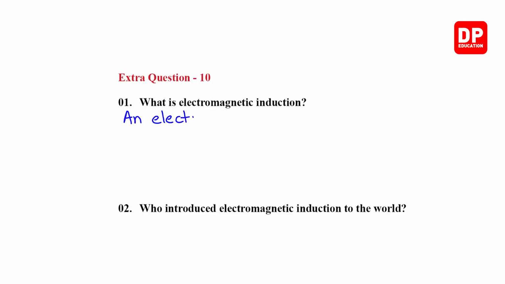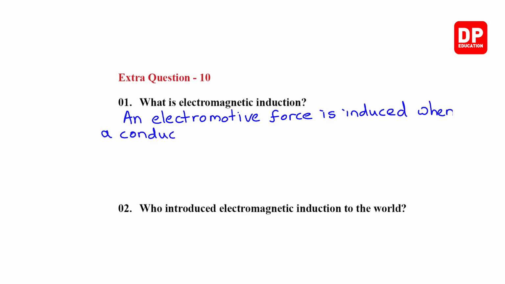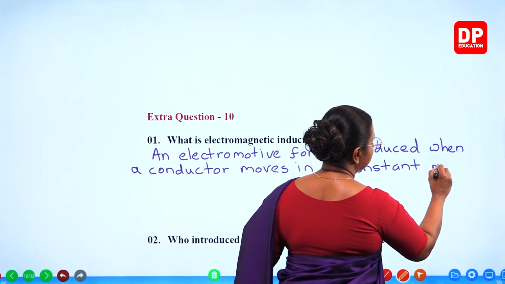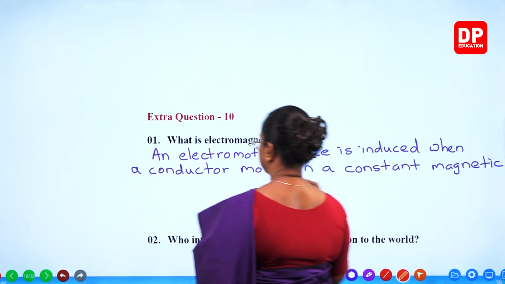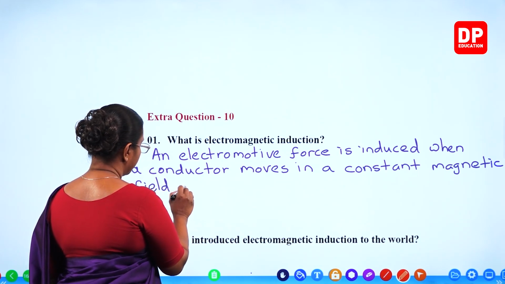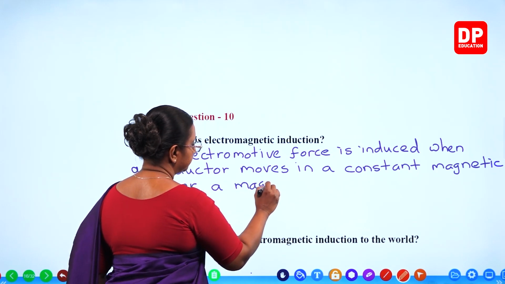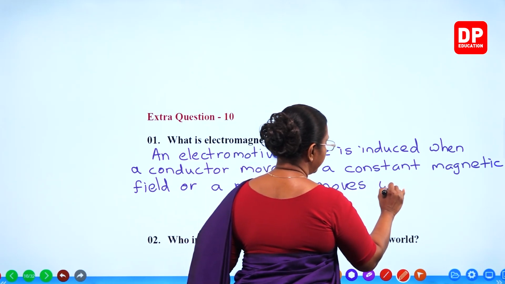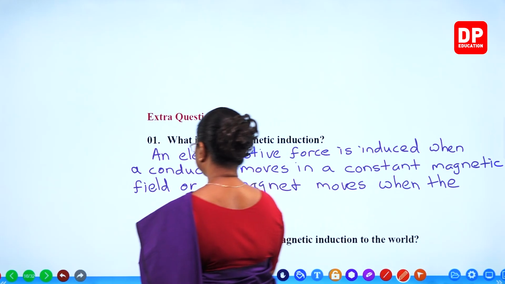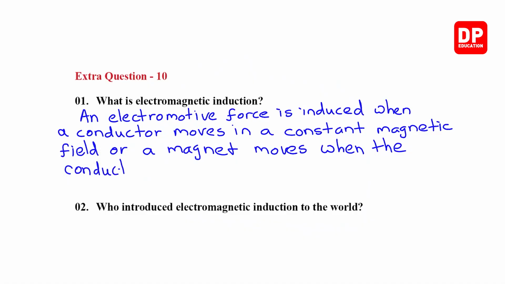An electromotive force is induced when a conductor moves in a constant magnetic field, or a magnet moves when the conductor is at rest.